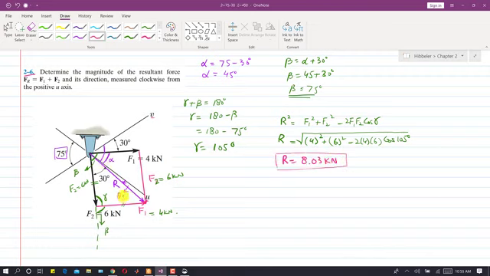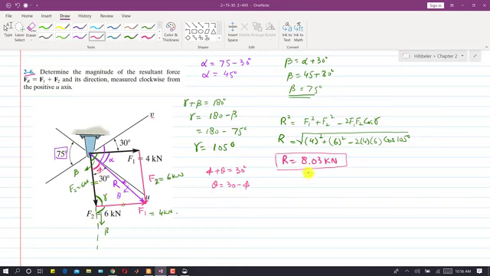To find this theta, if we find this angle somehow, let's suppose this angle is phi. If we find this phi, then this phi plus this small angle theta is equal to 30 degrees. So if we determine this phi, then theta will be equal to 30 minus phi. We can find this phi using the sine law for this lower triangle.